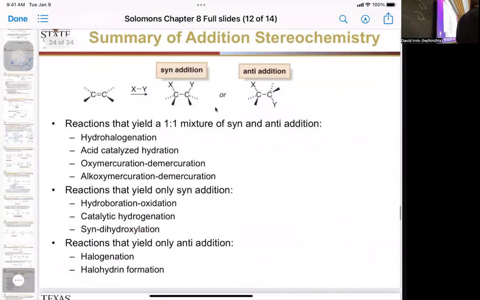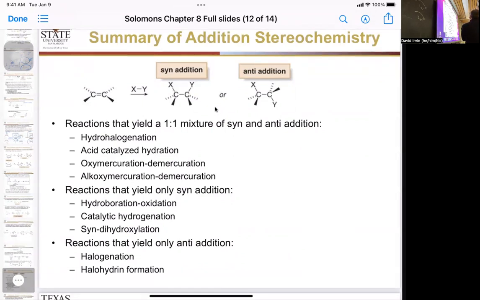Okay, so let's summarize everything we have here. So we have a mixture of Syn and anti with hydrohalogenation because we form a carbocation. We have a mixture of Syn and anti in acid-catalyzed hydration because we form a carbocation.